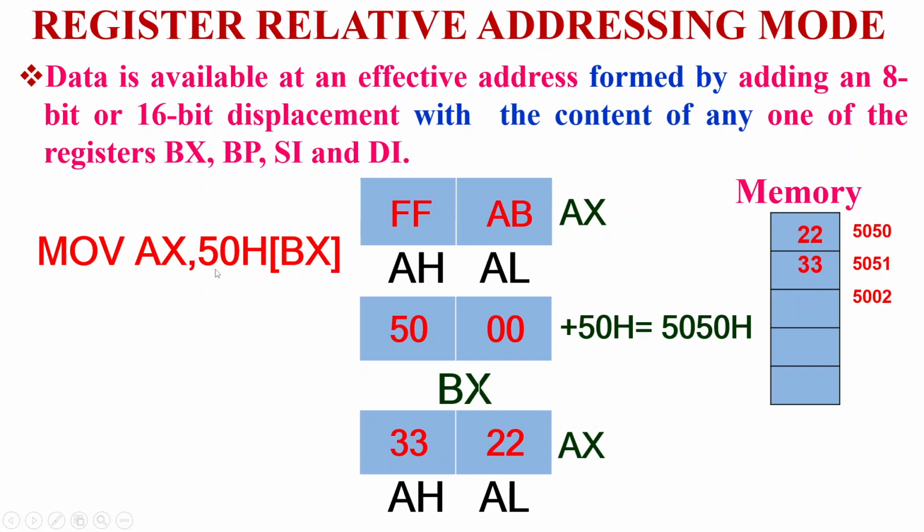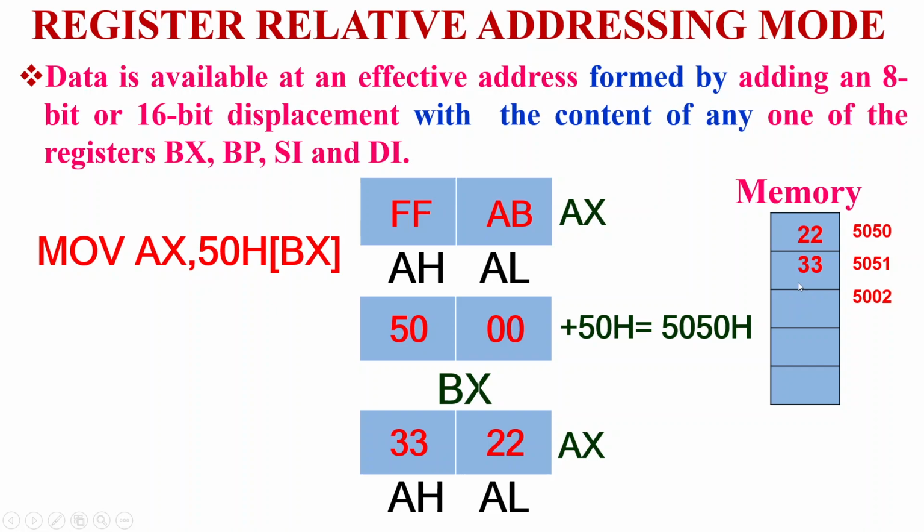Here assume the content of AX is FFAB and the content of BX is the memory location 5000, and the displacement is 50. So 5000 is added with 50 and the memory location is 5050.